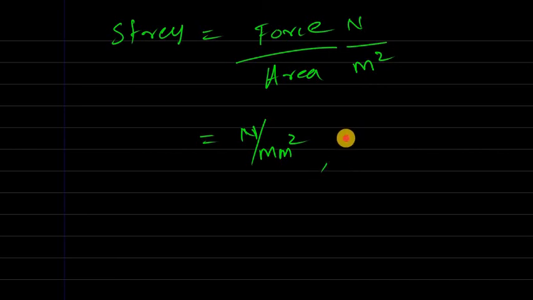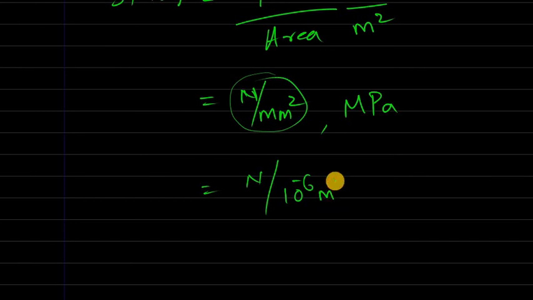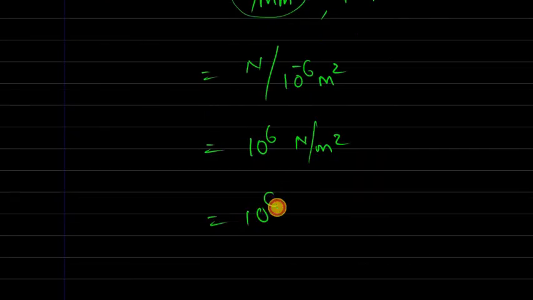Otherwise it will be represented as megapascal. Both are the same. So if you are converting the unit, it comes like Newton per 10 raised to minus 6 meter square. Then we can write it as 10 raised to 6 Newton per meter square, that is 10 raised to 6 Pascal. And it can also be written as megapascal. So you should be aware of these unit conversions. So basically Newton per millimeter square or megapascal is used as the unit of stress.